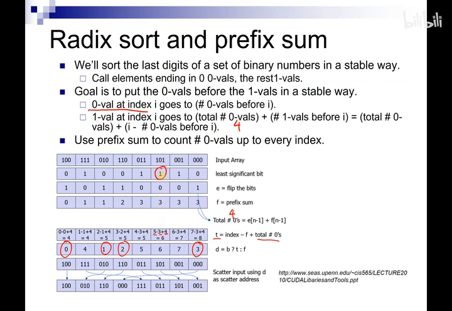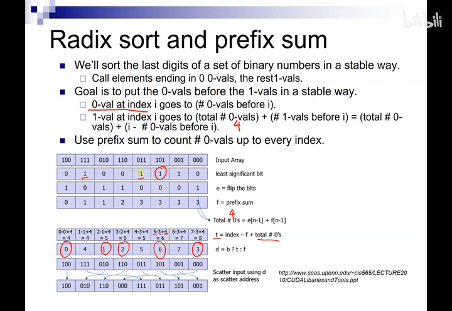That indicates that there are 2 1 values before this position, and those 1 values are this guy and that guy. So this is like the third 1 value, and then he also goes after the 0 values. So therefore his position is going to be this 5 minus 3 plus 4, which is position 6. This guy belongs in position 6 over here.